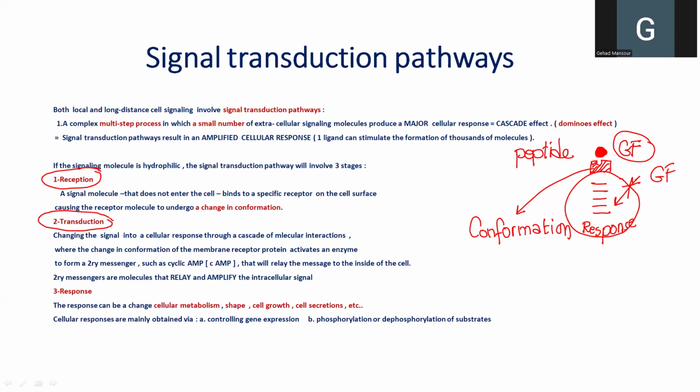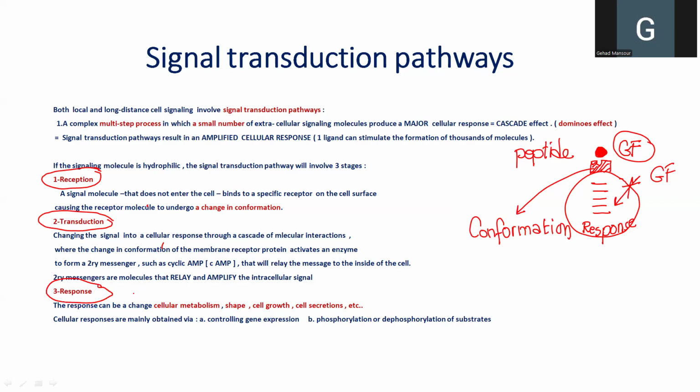This is the main body of the signal transduction pathway, the step called transduction, in which you translate this binding between the growth factor and the receptor into a series of molecular reactions. And when you have a series of molecular reactions, you finally obtain a response.